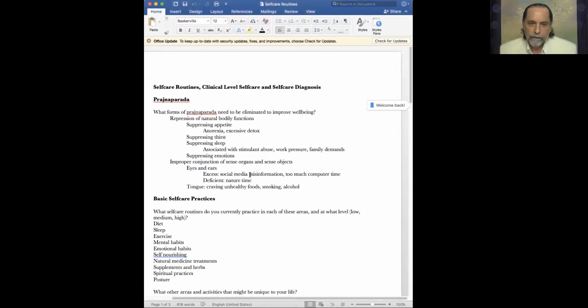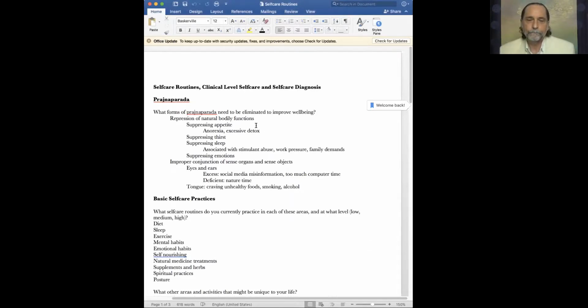Now, these basically fall into 2 larger categories, all right? One is the repression of natural bodily functions, and the other is the improper conjunction of the sense organs with the sense objects. So I'm just giving you the real short version here.